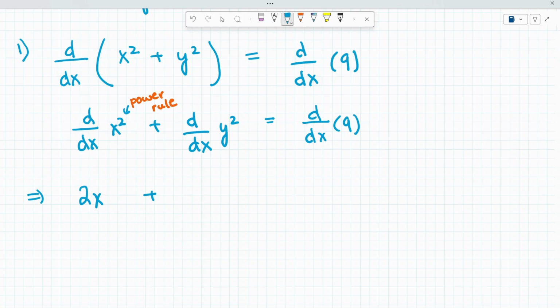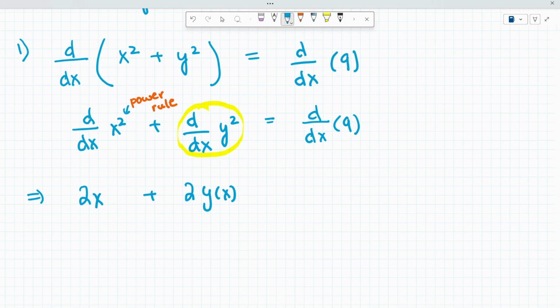Now let's think about the second term. Here we start by applying the power rule, just like before. So we end up with 2 times y of x. Remember, y is a function of x. I'm writing this to show very explicitly what's going on.